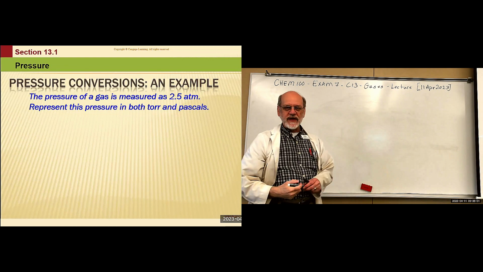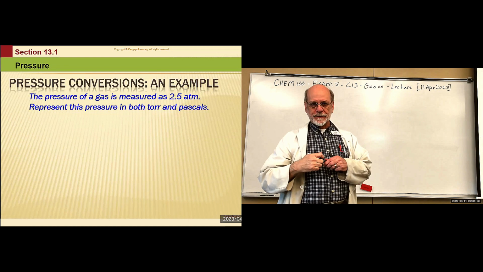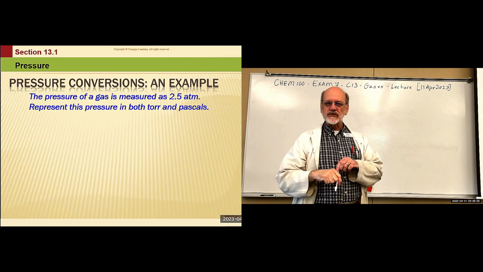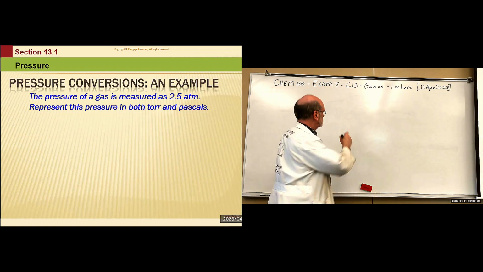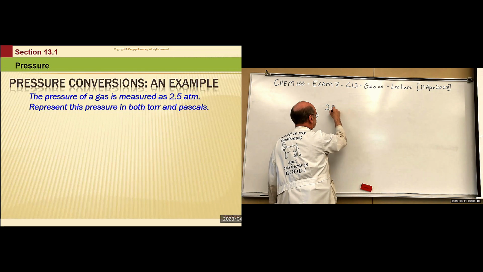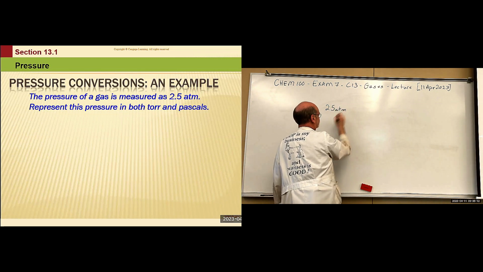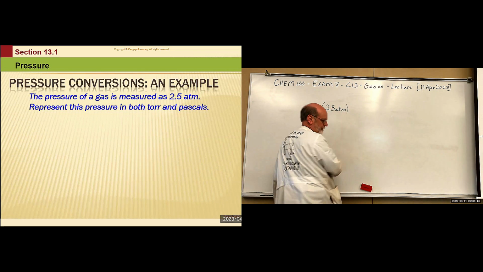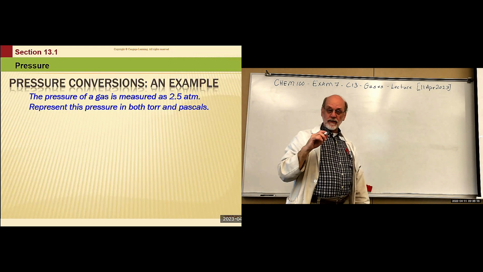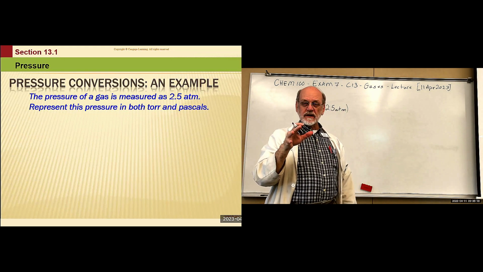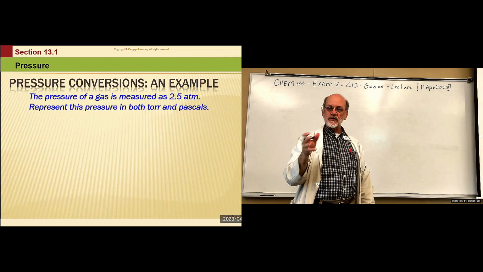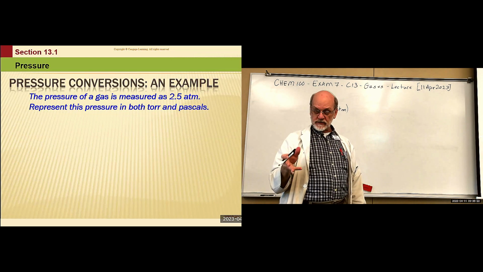And with this example, the pressure of a gas is measured at 2.5 atmospheres. The problem wants us to convert the atmospheres to torr and pascals.